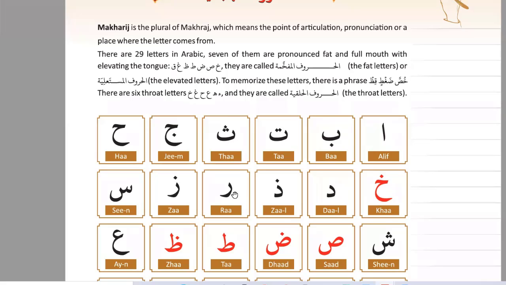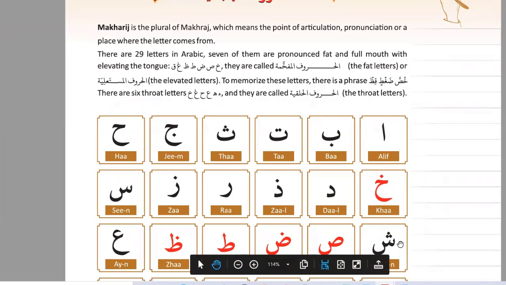Then Ra, similar to the sound of R. Then Za, a buzzing sound. Then Seen, a sharp whistling sound. Then Sheen, the sh sound.